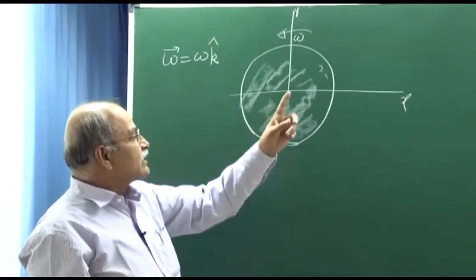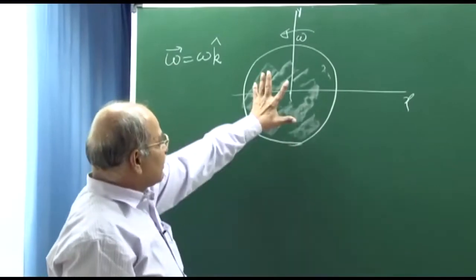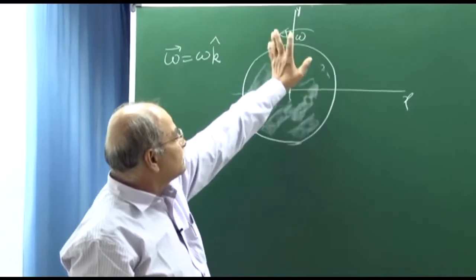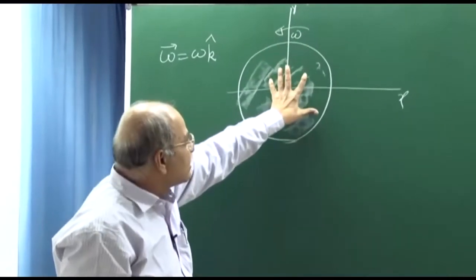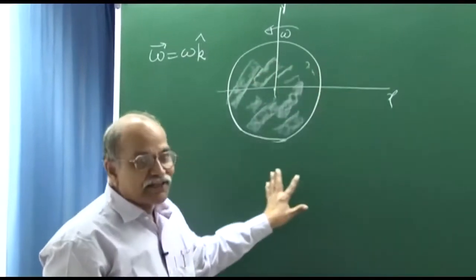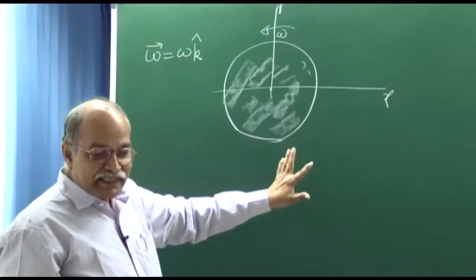And this is the axis of rotation. And from this frame, now I am using this frame. In my frame these things are fixed and other things are moving in opposite sense.